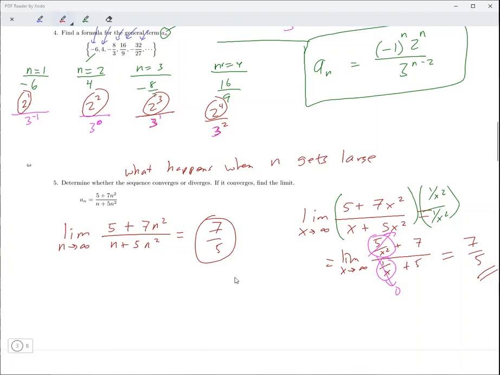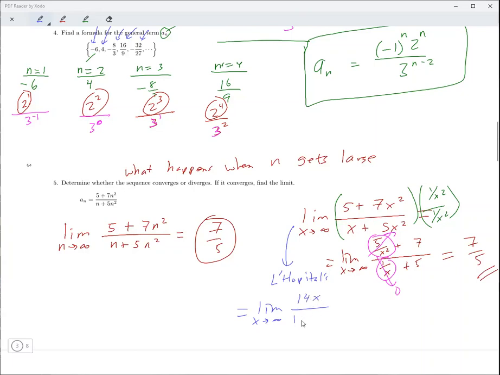Okay, so hopefully that made some sense. That makes some sense to you guys? Yeah. Okay, so you could use this method, or you could use L'Hopital's rule. So take the derivative. The derivative of the numerator is 14x.